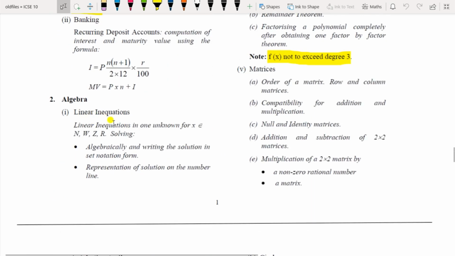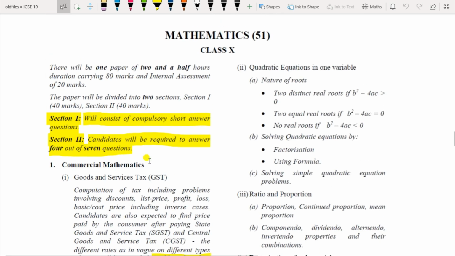Then algebra, then it is linear inequations, okay. Then quadratic equations, this is lesson 7.5c I think. So solving quadratic equations by factorization and using the formula, and simple word problems on quadratic equations.